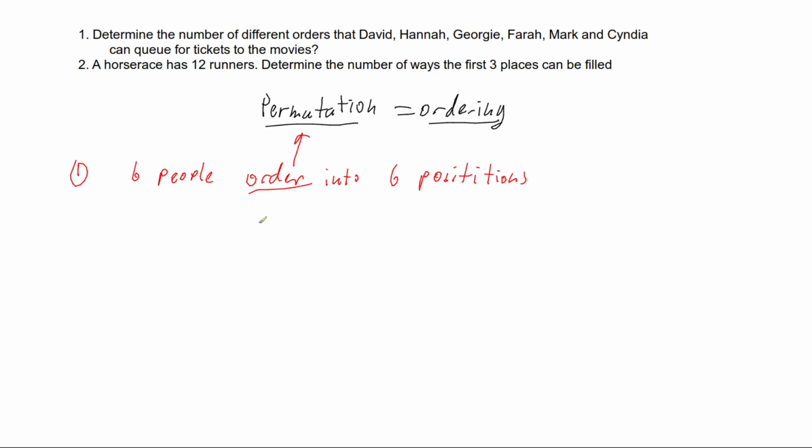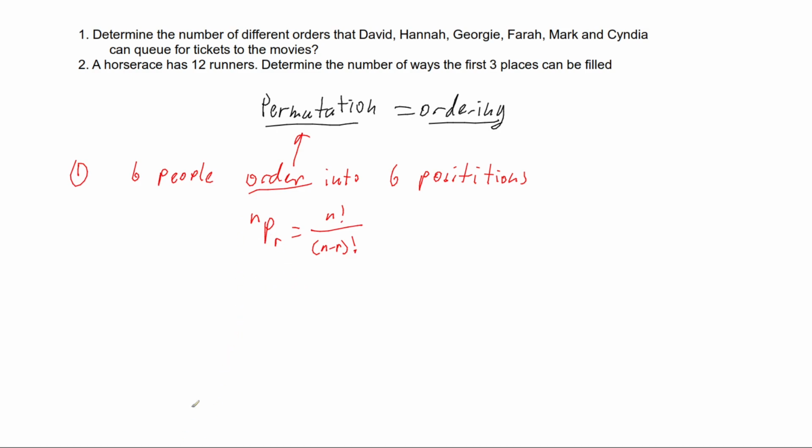Now the formula for permutations is nPr equals n factorial on n minus r factorial. And we can use this formula to help us answer these questions, or we could use the fact that a lot of calculators have an nPr button on them.